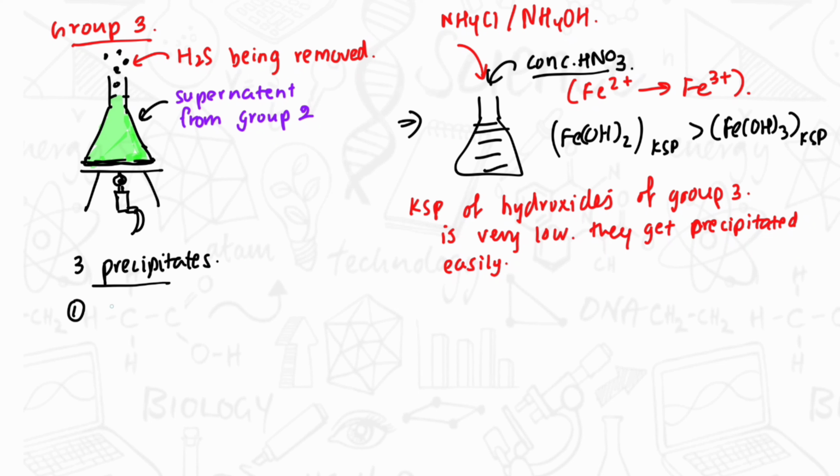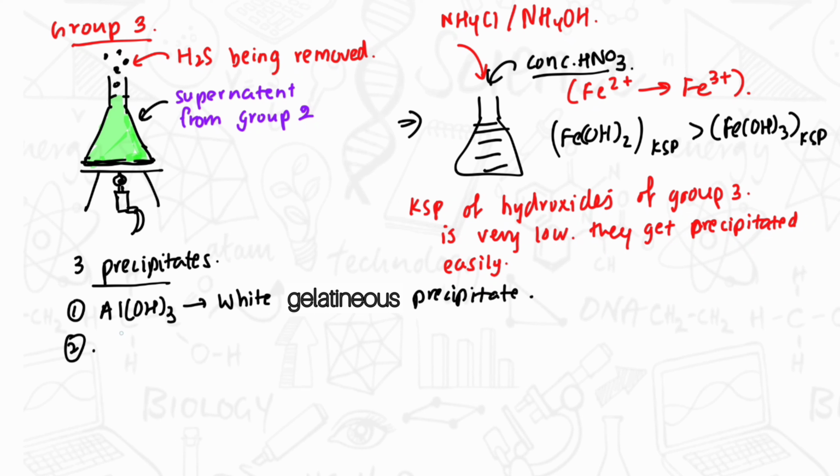The first one is aluminium hydroxide, which is a white gelatinous precipitate. The second one is iron 3 hydroxide, which is a red-brown precipitate.